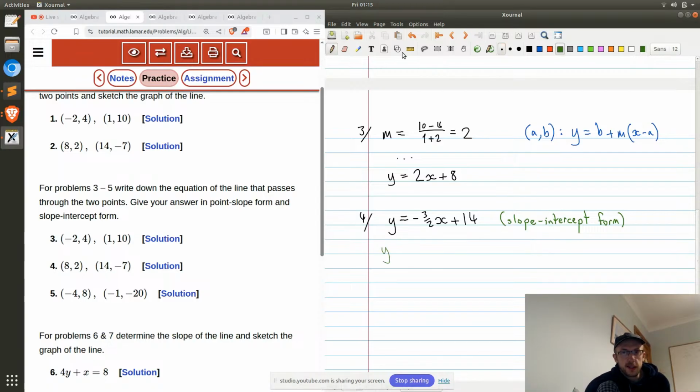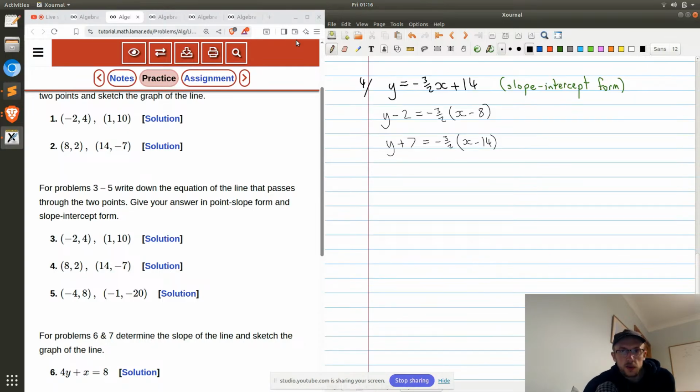So following the standard that most people would do, y minus y1 equals m times x minus x1. There's the first one. Here's the second one. Y plus 7 equals minus 3 over 2, x minus 14.